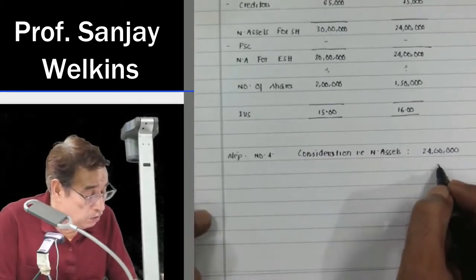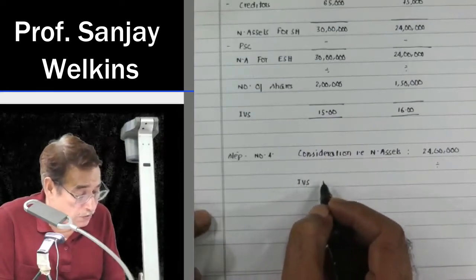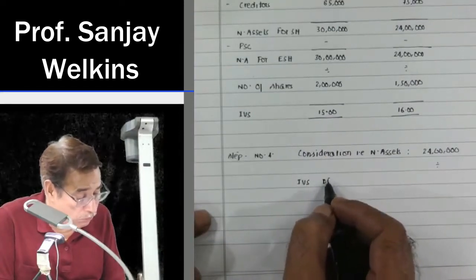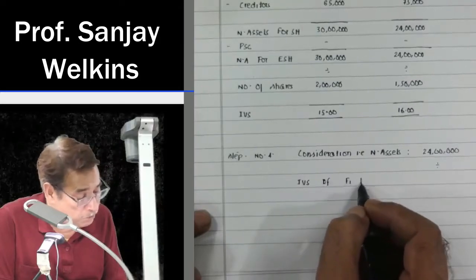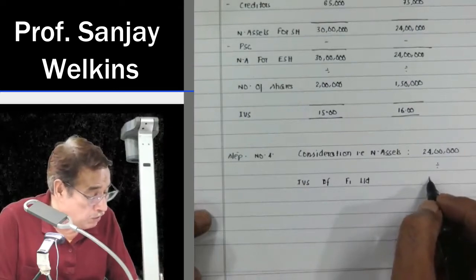So all I need to do is to divide it by intrinsic value of share of F1 Limited. Now intrinsic value of F1 Limited is rupees 15.